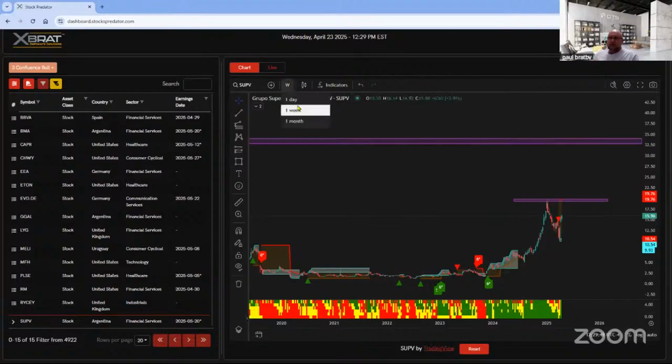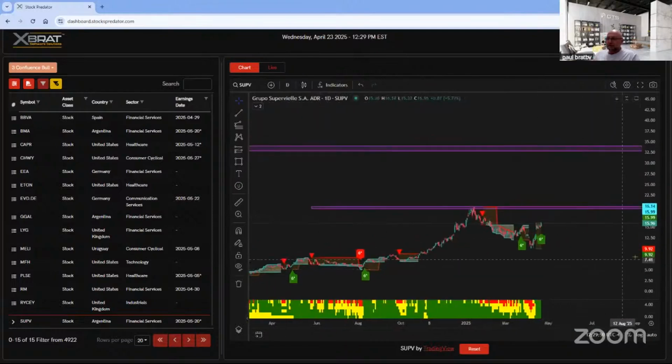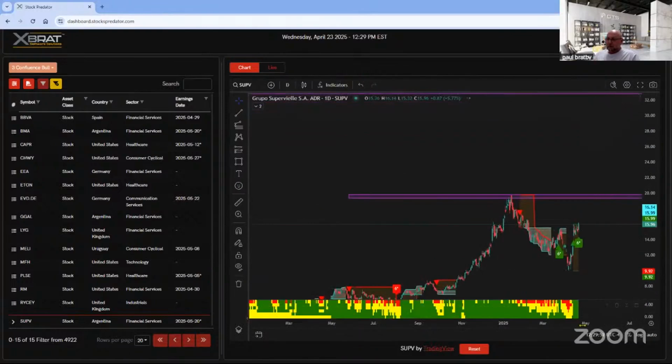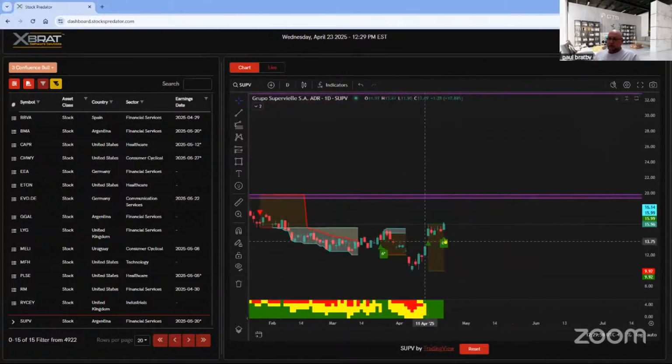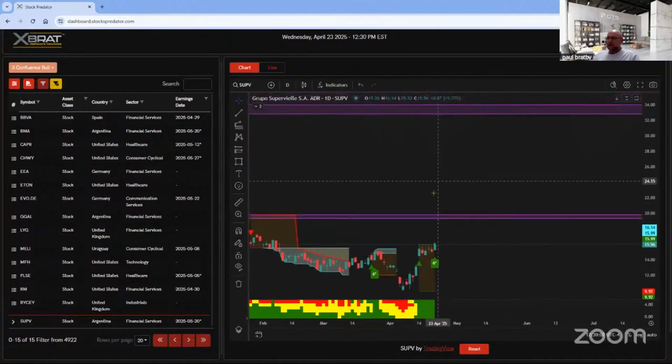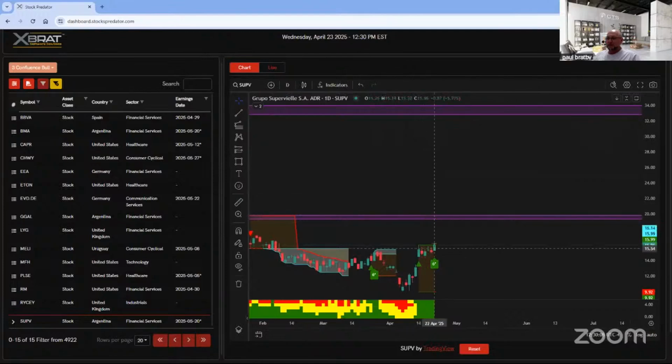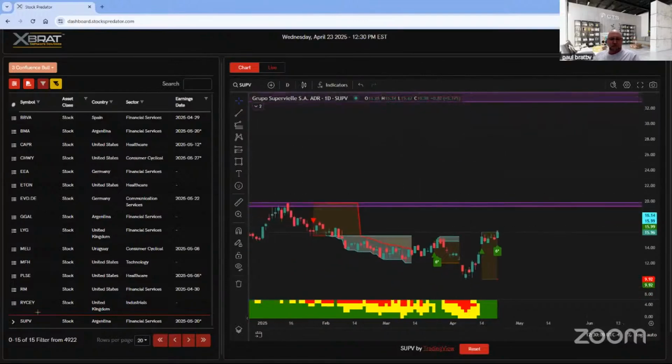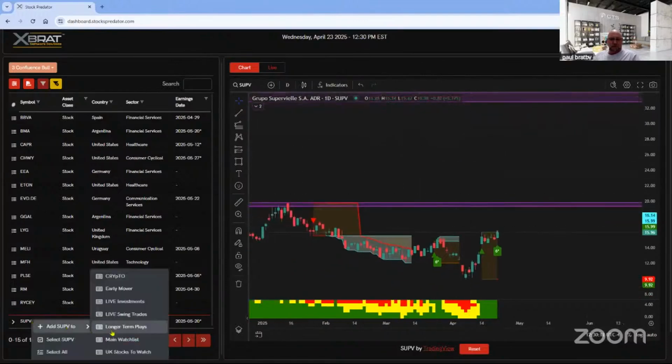So let's go through and look at that on the daily. So we're green, green, green. All good. Last one failed. Not a lot of room, but I'd like it to close above 20. I'd rather buy at 20 than take the risk now and then let it run all the way to $32. So that's going to go on my main watch list as well.